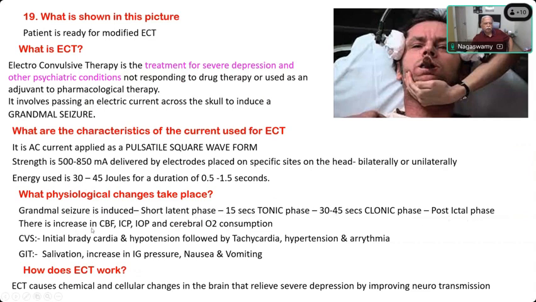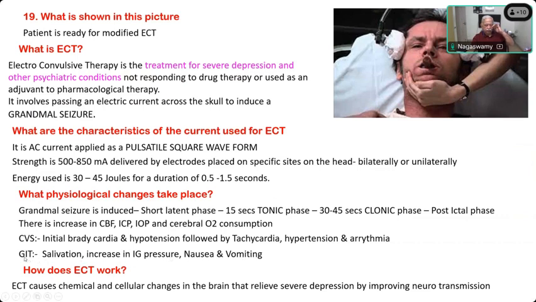During the grand mal seizure there will be an increase in CBF, ICP, IOP, and cerebral oxygen consumption. The response to the stimulus is initial bradycardia and hypotension, followed by tachycardia, hypertension, and arrhythmia. In the GIT, there will be increased salivation, increased intragastric pressure, nausea, and vomiting.